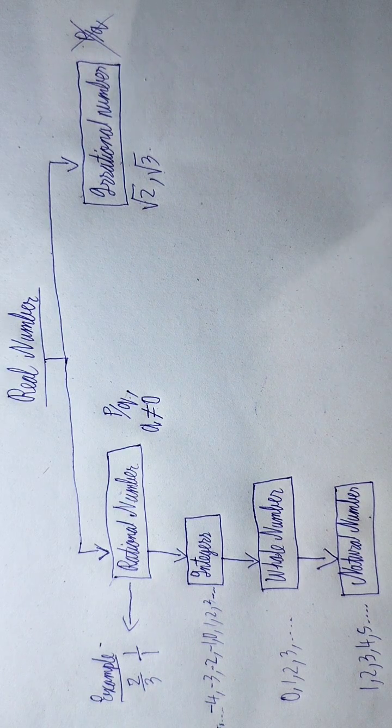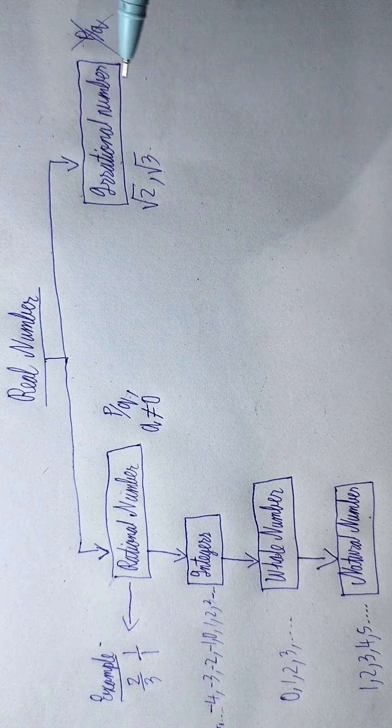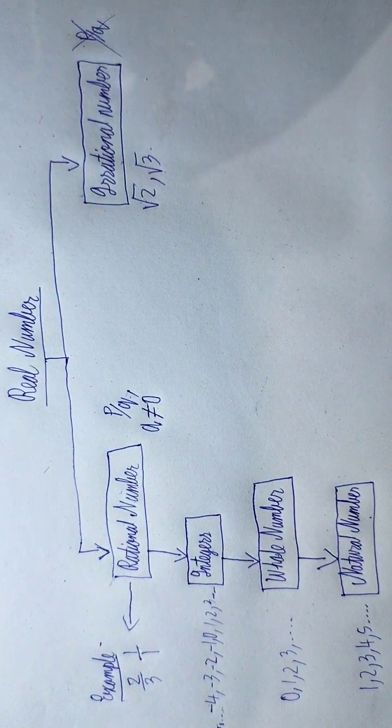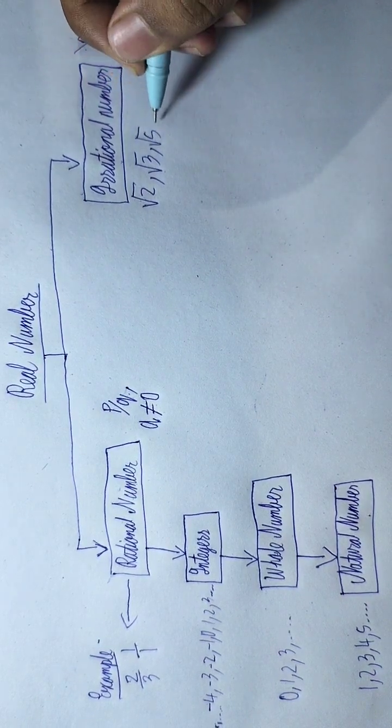Think and say. We know that root 4 is equal to 2, and 2 can also be written in p by q form. So root 4 cannot be an irrational number. Then we come to root 5, and so on.